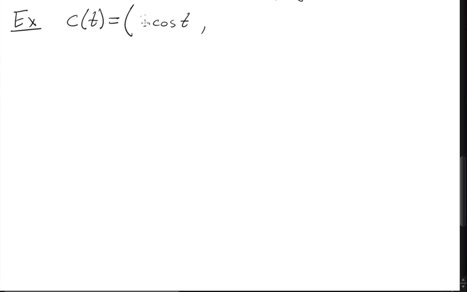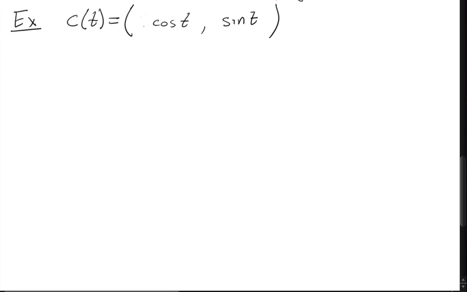Let's start off with just cosine t and sine t, and then we'll add stuff as we go. See if we can figure out what changes. All right. So x is cosine t, y is sine of t.